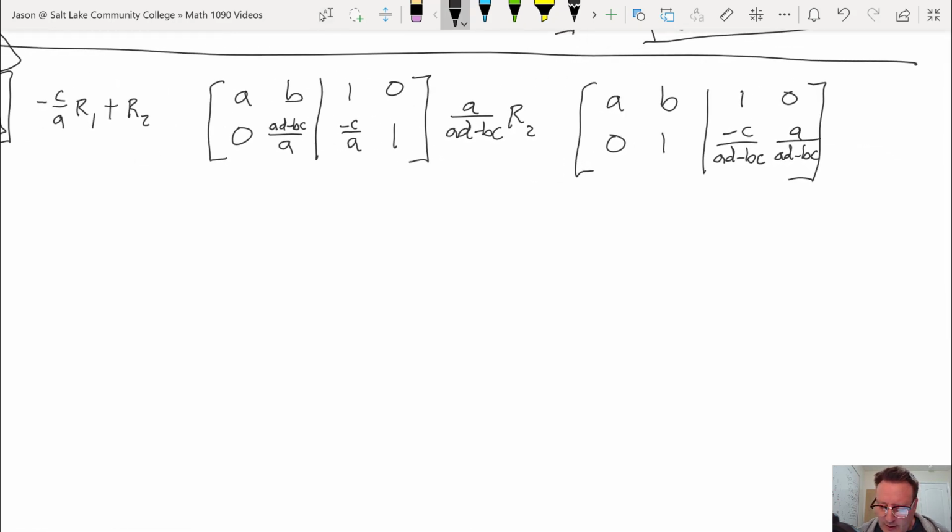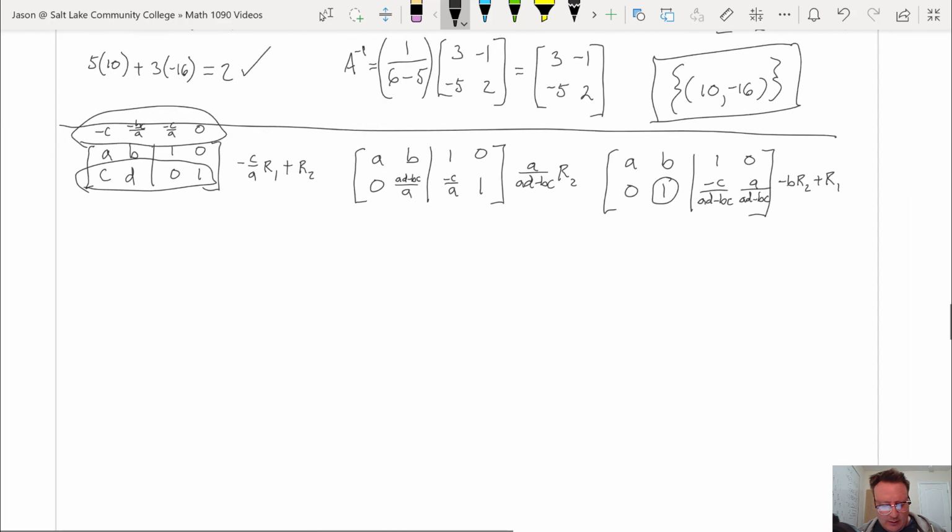Next, I'm going to use this 1 in the bottom right corner to clear out the b above it. So what row operation do I want to do that? I'm going to do negative b times row 2, and add that into row 1.